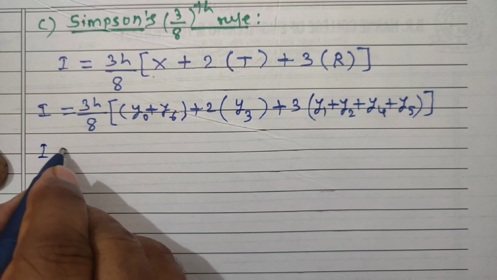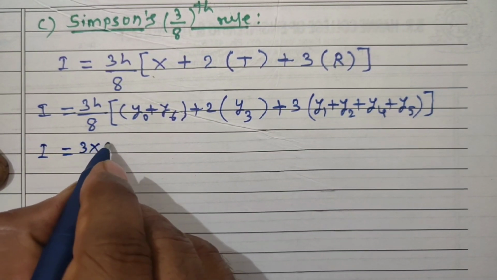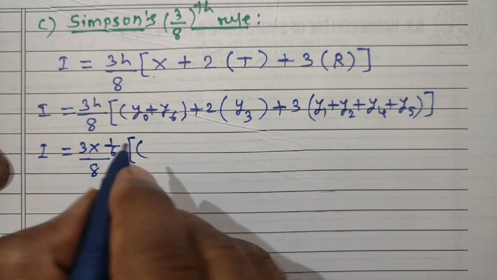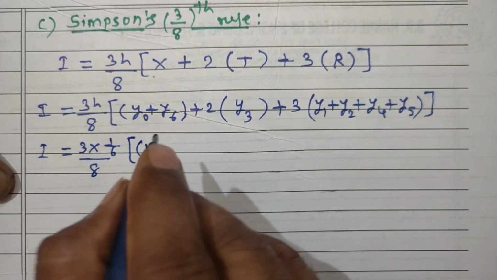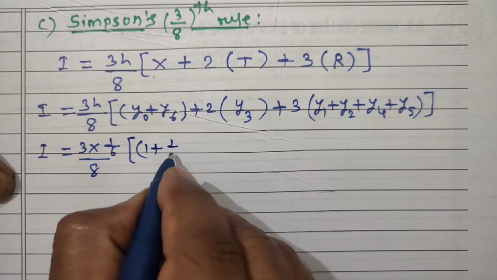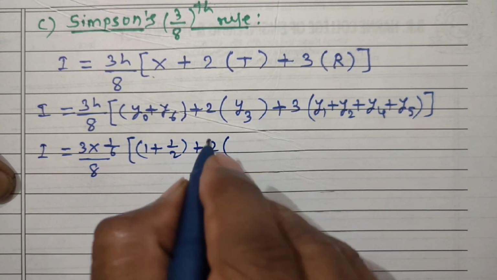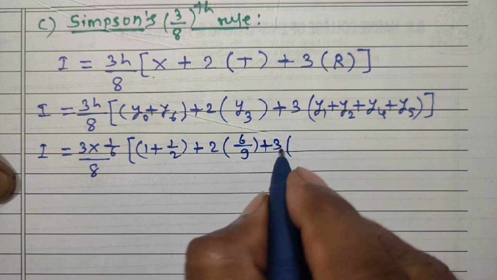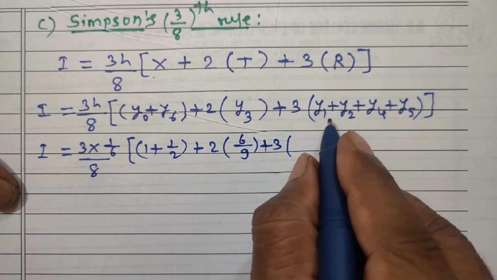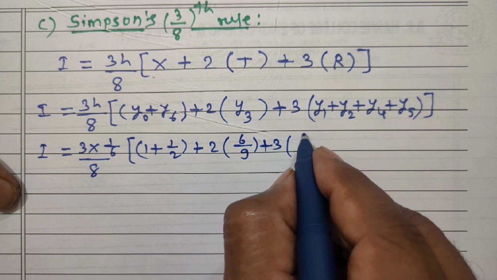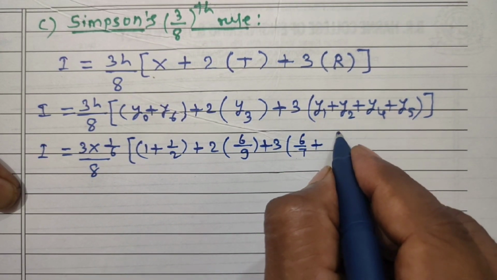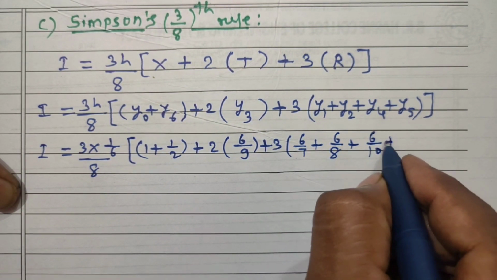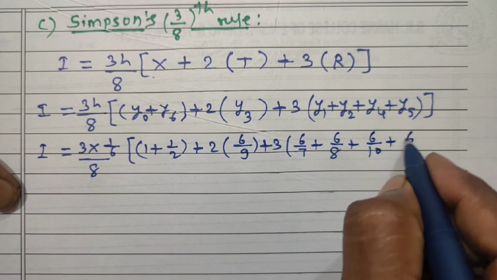Now put the values of h and ordinates. I is equal to 3 into h is 1 upon 6, divided by 8 into bracket y0 is 1 plus y6 is 1 upon 2 plus 2 times y3 is equal to 6 upon 9 plus 3 times all the remaining ordinates: y1 is 6 upon 7 plus y2 is 6 upon 8 plus y4 is 6 upon 10 plus y5 is 6 upon 11.